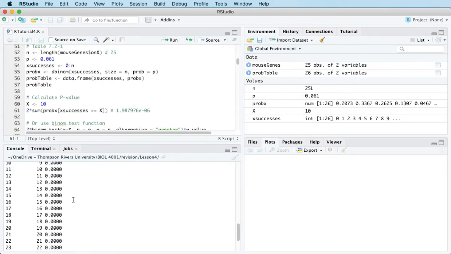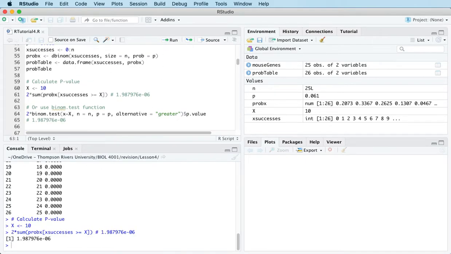And just from looking at this table, we know we're going to get a small number because all these probabilities are 0 to 4 decimal places. So we're adding them up, we're going to get a pretty small number, and sure enough, we get 1.99 times 10 to the minus 6, a very small probability indeed.